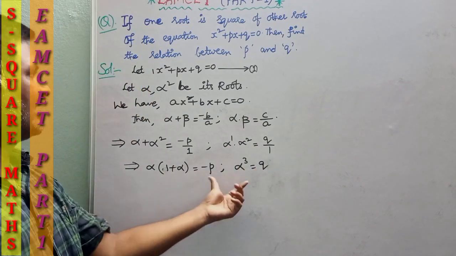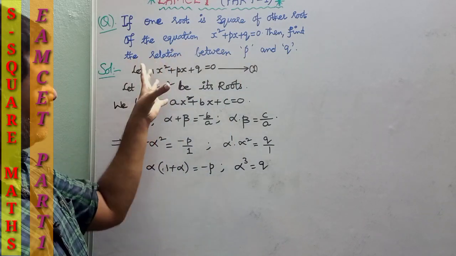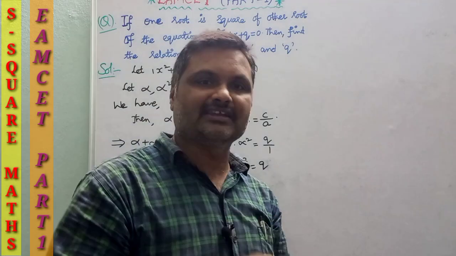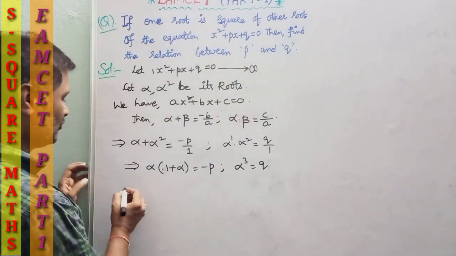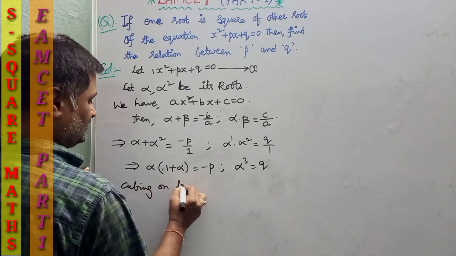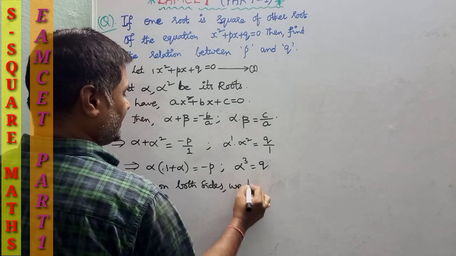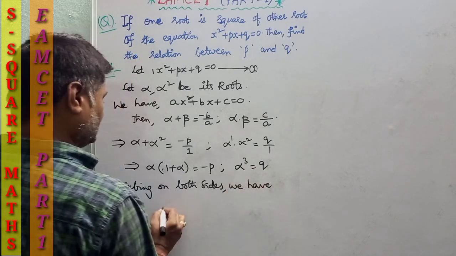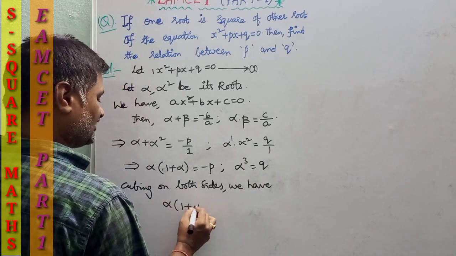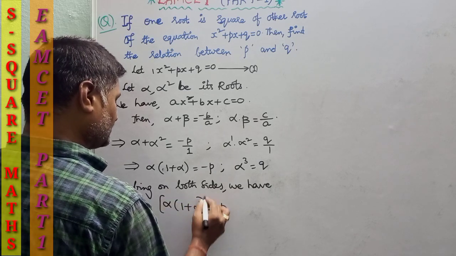Now we are going to establish the relationship between the variables p and q. Cubing on both sides of the given expression, we have alpha of 1 plus alpha whole cube is equal to minus p whole cube.